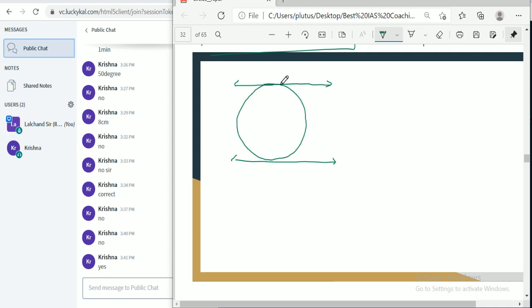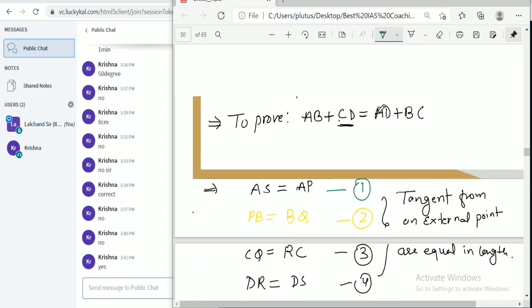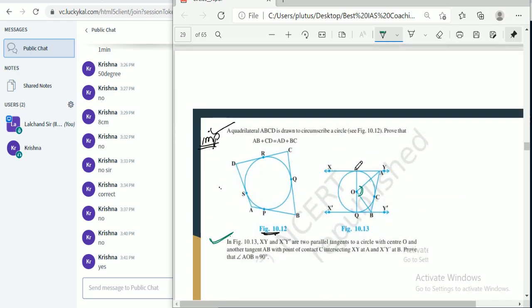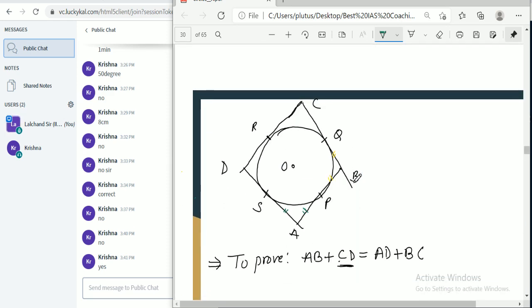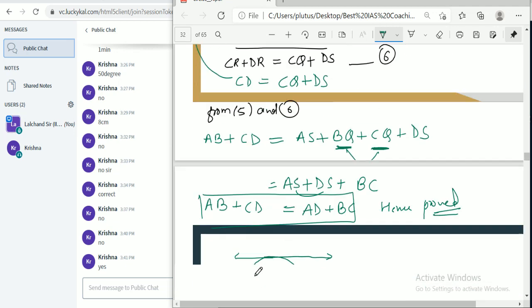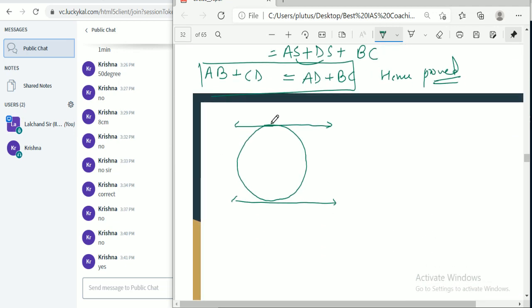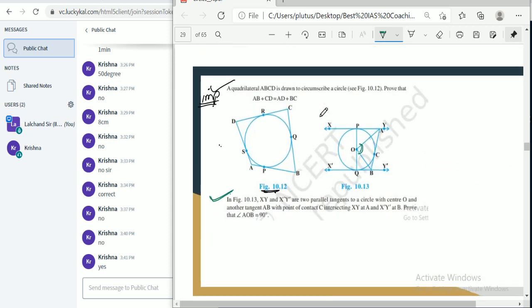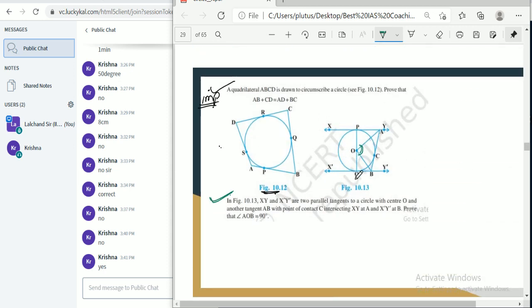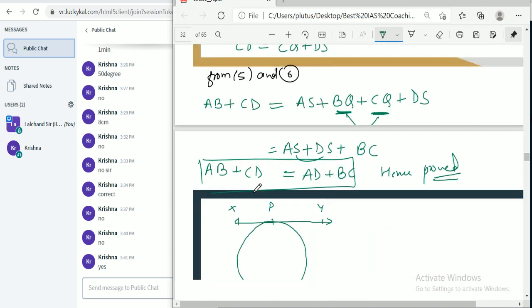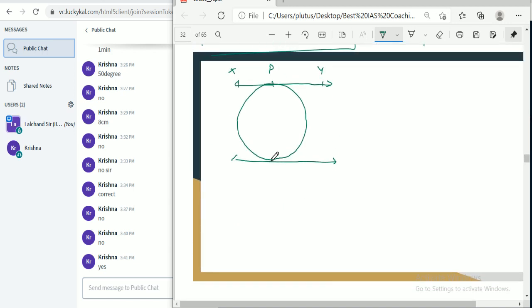These are two parallel tangents. The first tangent name is XPY, and the second tangent name is X dash Q Y dash. This point is Q, this is X dash, and this is Y dash.